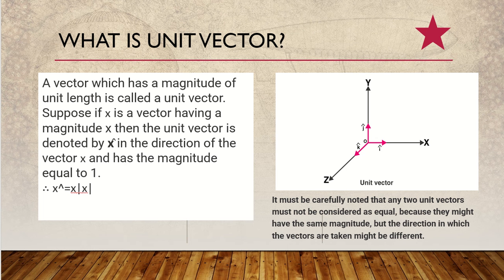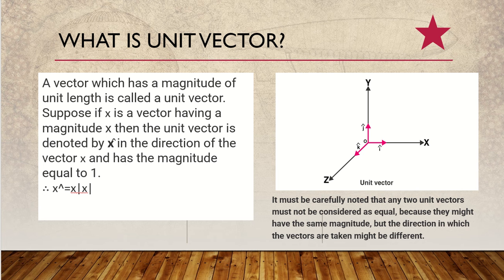It must be carefully noted that any two unit vectors must not be considered equal because they might have the same magnitude, but the direction in which the vectors are taken might be different. Hence, one unit vector is never equal to another unit vector because of its direction.